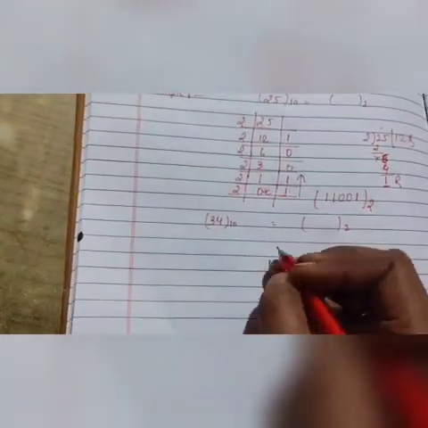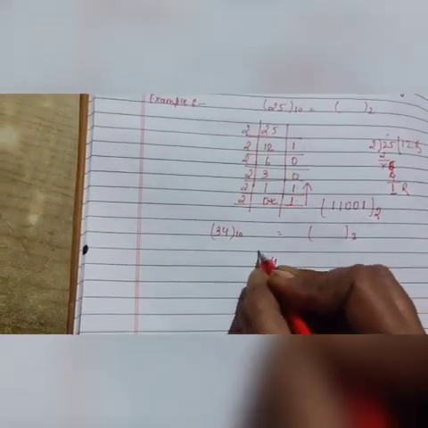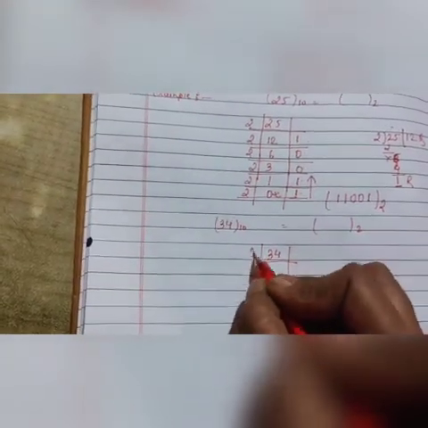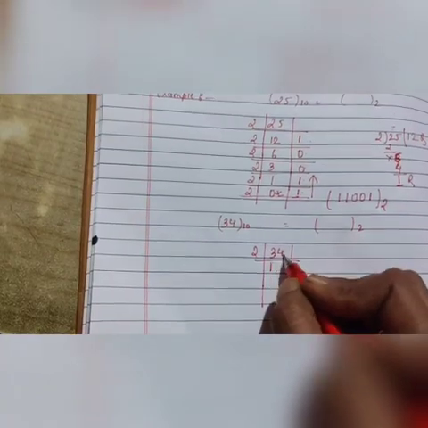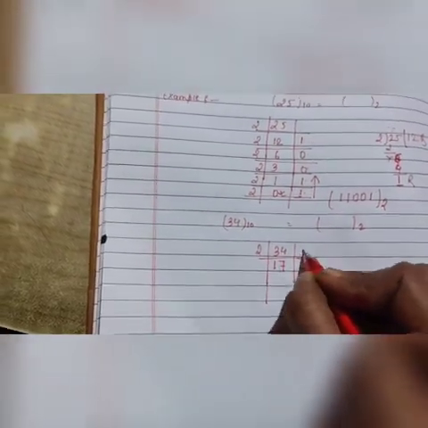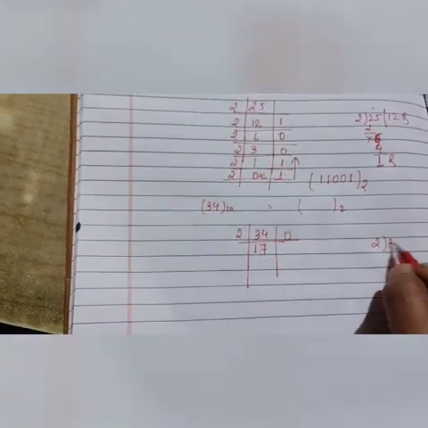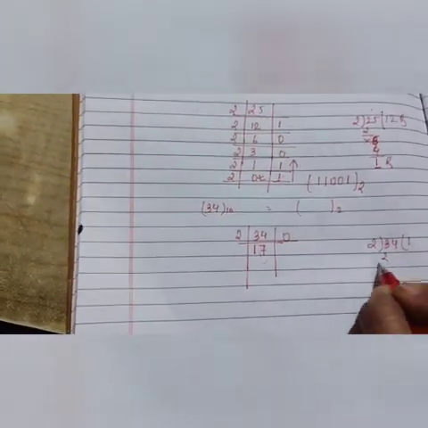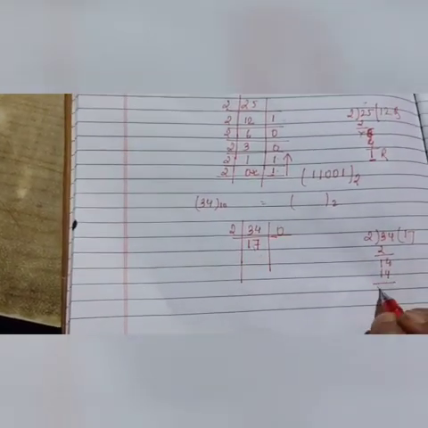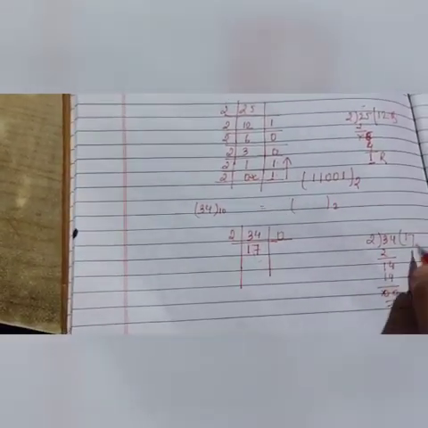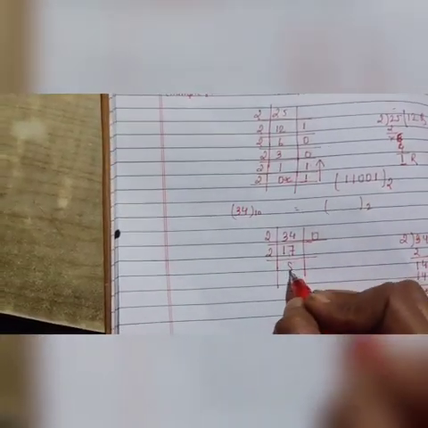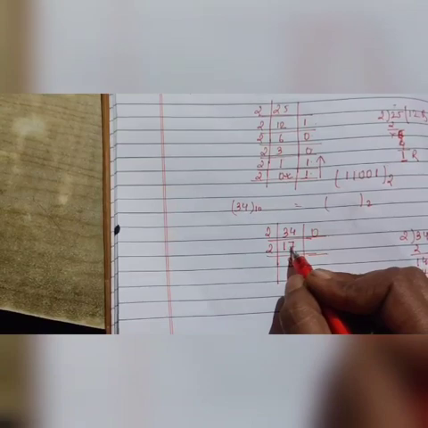34 is given here. We will write 34, and with which number will we divide? Yes, with 2. 2 1s are 2, 2 7s are 14. The remainder will be 0 and the quotient is 17. Again 2 8s are 16, and 17 is written here.